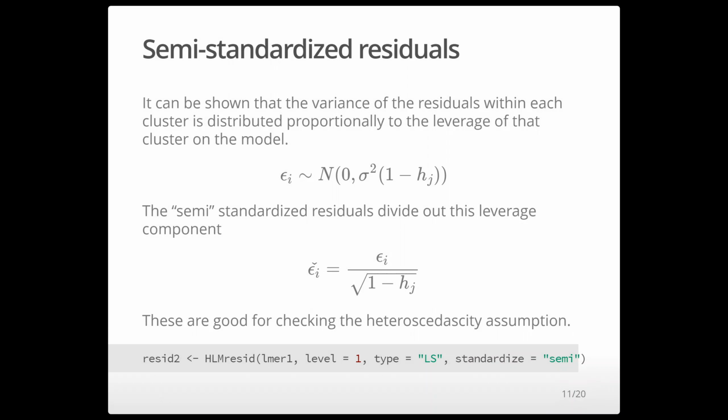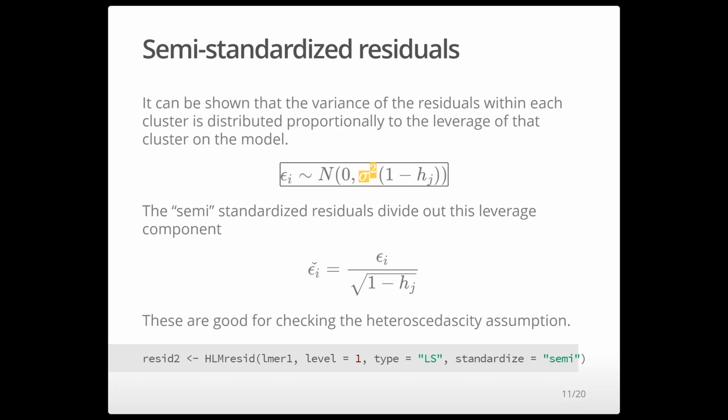Another thing we can do is what's called the semi-standardized residuals. It can be demonstrated that in HLM, the variance of the residuals within each cluster is actually proportional to the leverage of that cluster on the model. And so that's what this 1 minus h is. It's 1 minus the leverage of the cluster on the model.